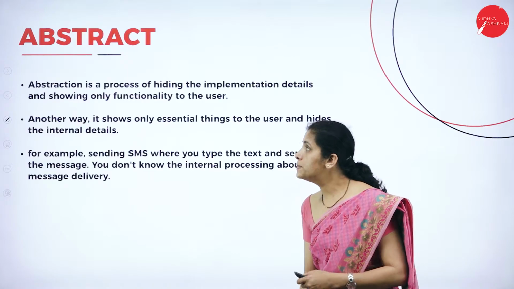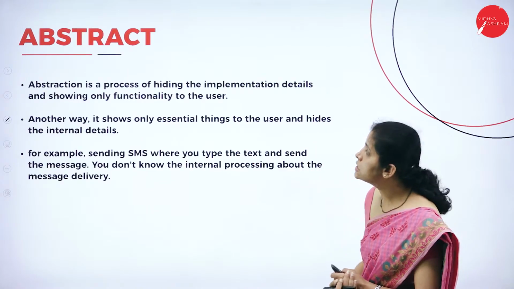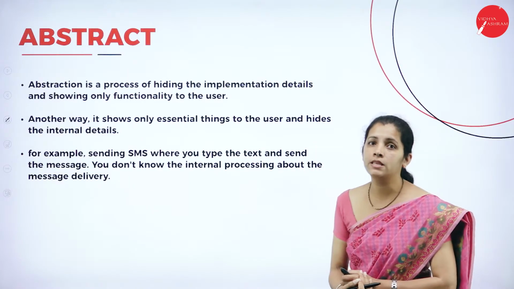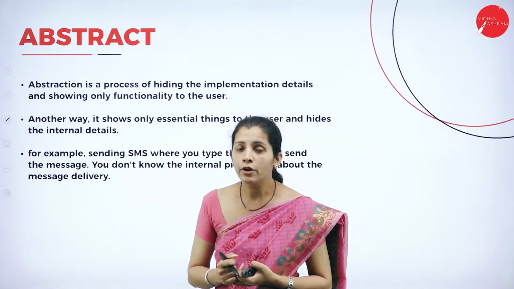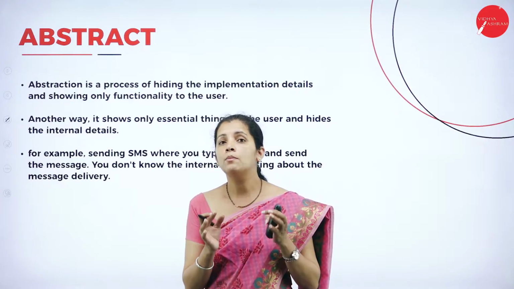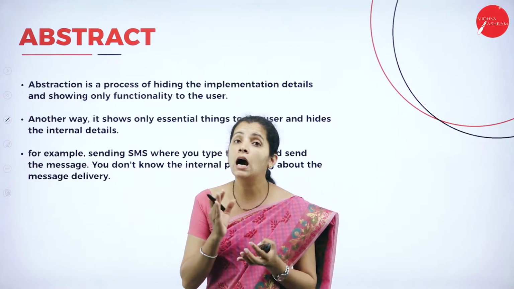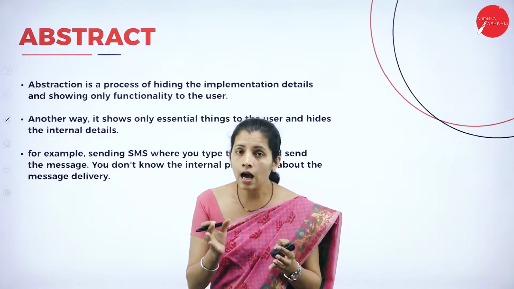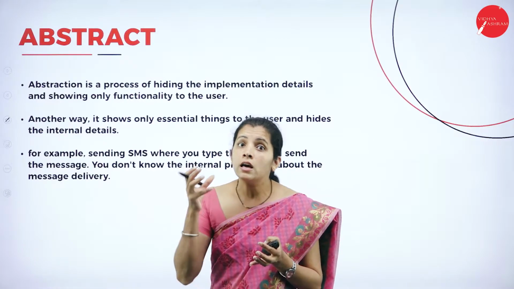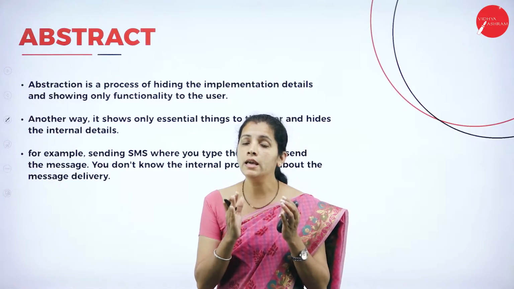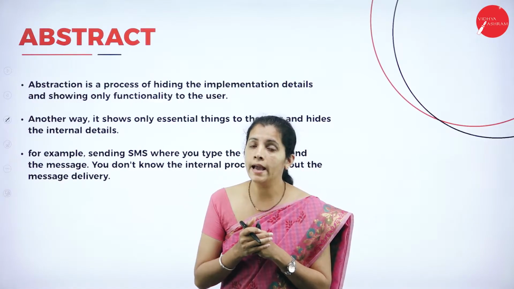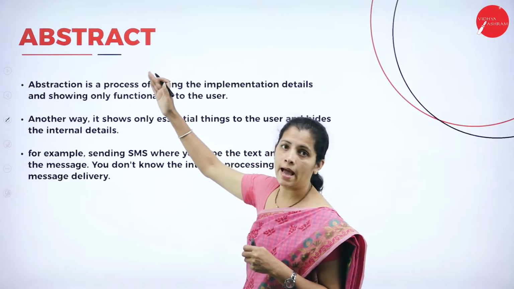Now let's begin with today's topic, that is abstract. So what is abstract? For example, think that I'm going to have only a car chassis. Now I'm going to fill the remaining part. When I'm having only the car's outer look, then it is called abstract.